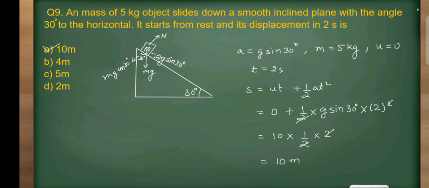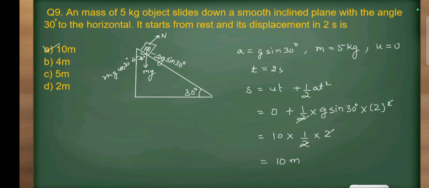So we know that the acceleration will be given by g sin theta. Here theta is 30°. And then we have to find the displacement at time t equal to 2 seconds. So we will use the equation of motion, that is s is equal to ut plus half at square. Initial velocity u is given as 0.